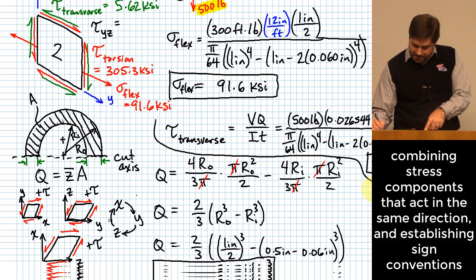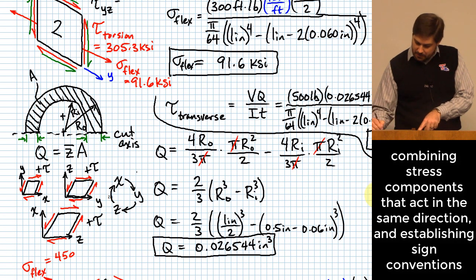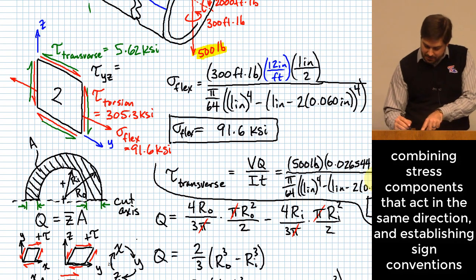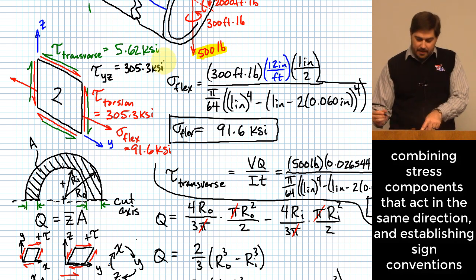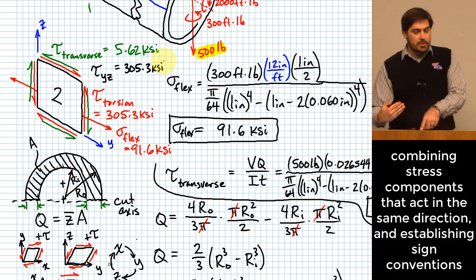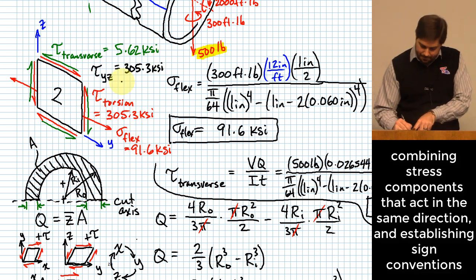That matches what I had down here, Y and Z. And so that would be the positive direction. So I would take positive 305.3 KSI, and then the negative component, the subtractive component, would be the one due to transverse shear.